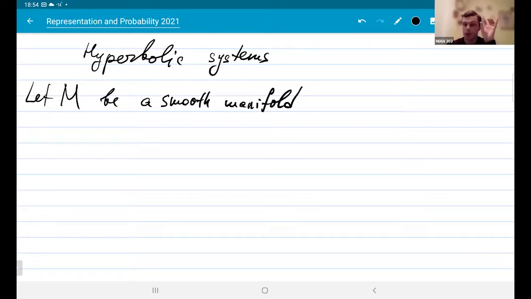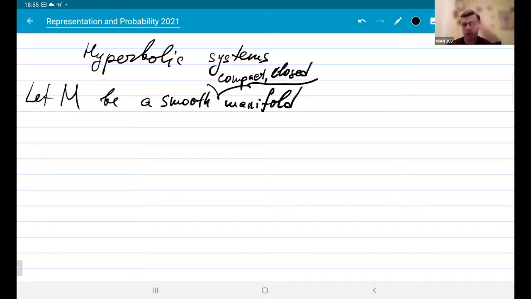So at each tangent space we have a scalar product, a Euclidean scalar product, and it depends continuously or smoothly. Let me say that this manifold is compact and closed.